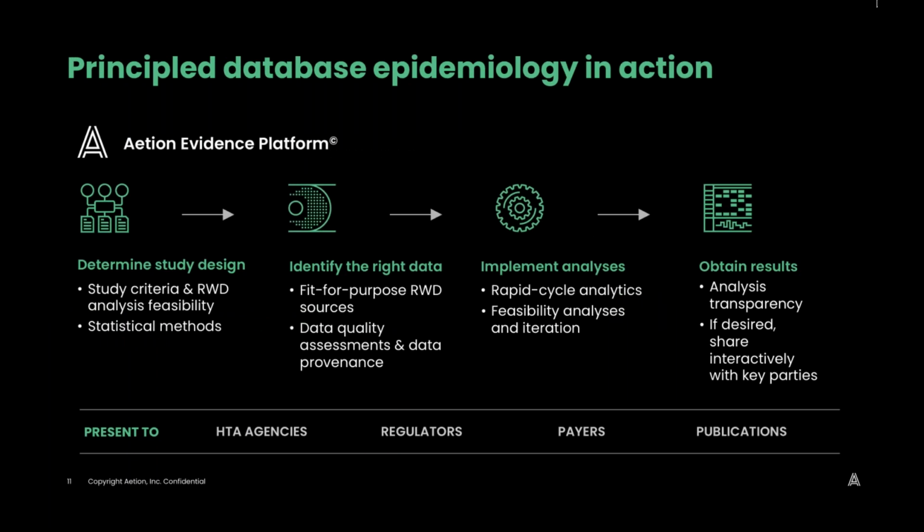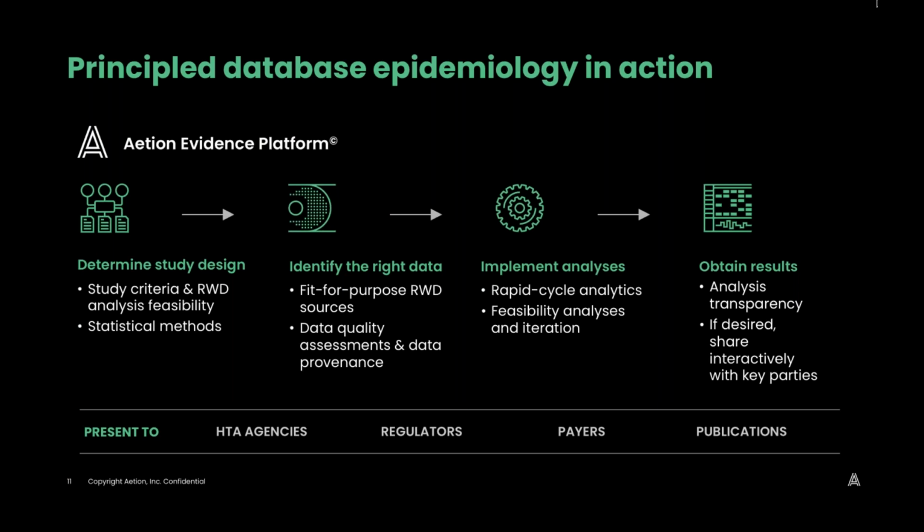So on our platform, as an example, we've built processes to support the generation of evidence for high-stakes decision-making, and we follow this process. We think it's important to avoid black boxes, to bring a level of transparency so that studies can be replicated, so that we have the ability to assess data quality, so that we can understand data provenance.